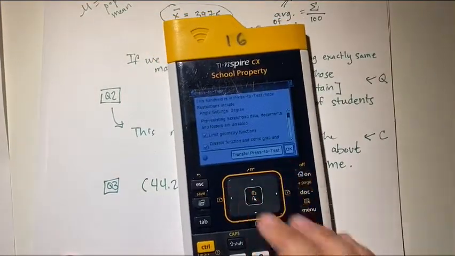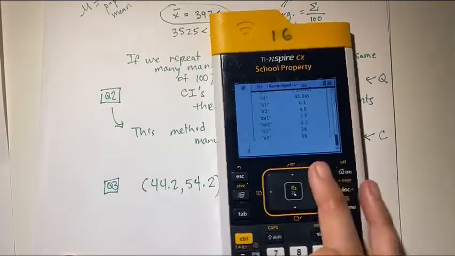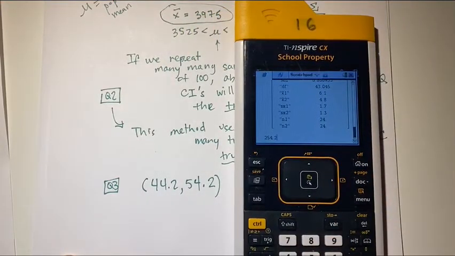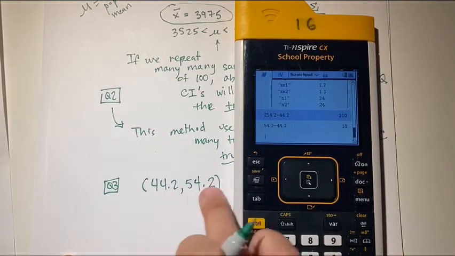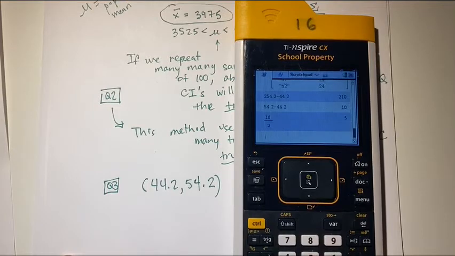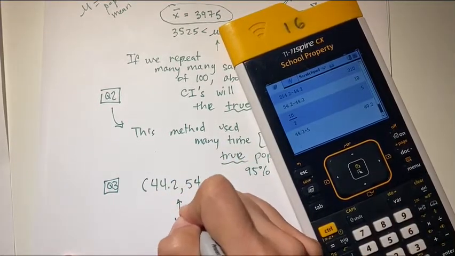Okay, so if a confidence interval is this, we can actually show this in a couple different ways. You might be thinking, well, what does that mean? Well, if I subtract the 2, they're only apart by 10, and I divide that in half to get 5, then I know 44.2 plus 5, the number in the middle here, is 49.2.